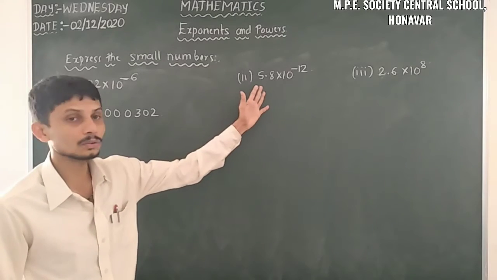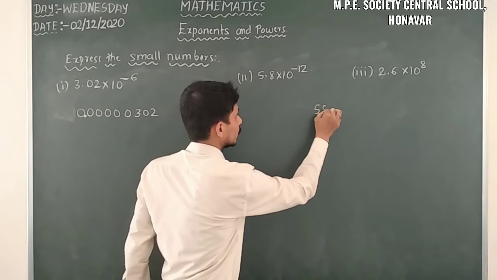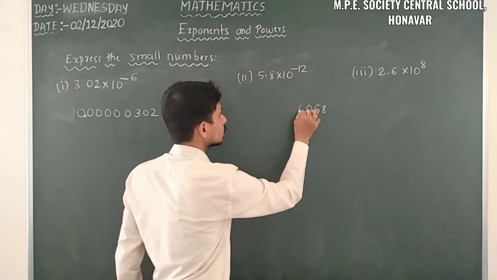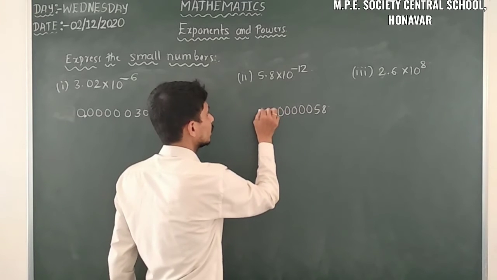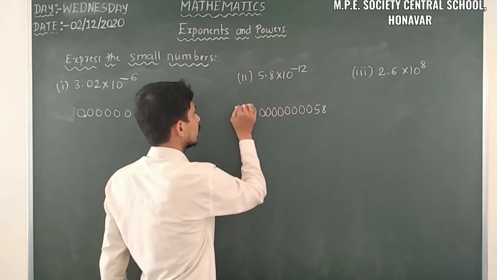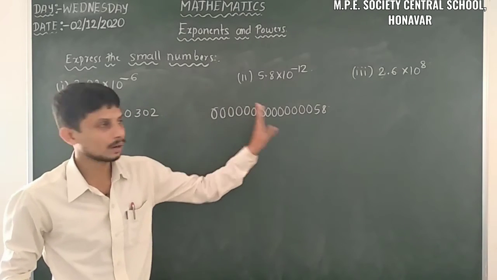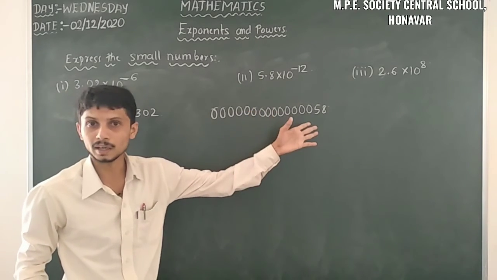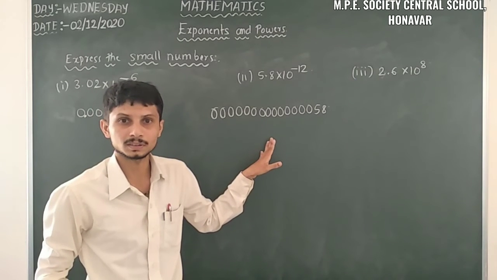Here also we can do the same thing. First we write 58. Write some zeros: 1, 2, 3, 4, 5, 6, 7, 8, 9, 10, 11, 12, 13, 14, whatever number we have. Above 12 you can write, in pencil only, because we have to verify first.